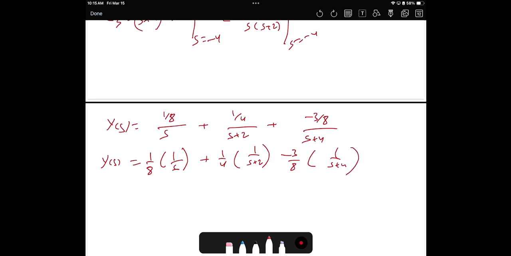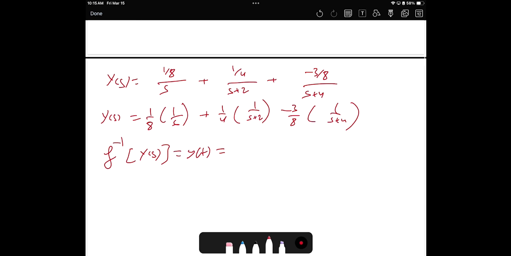Now, can you do the Laplace inverse for this one? Yes. It's basically exponential or step function. Then we do the Laplace inverse of Y(s), and this will be y(t).